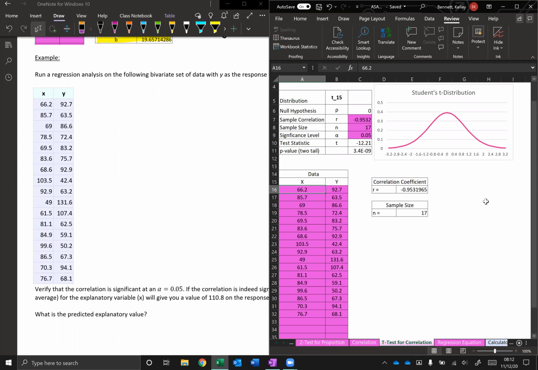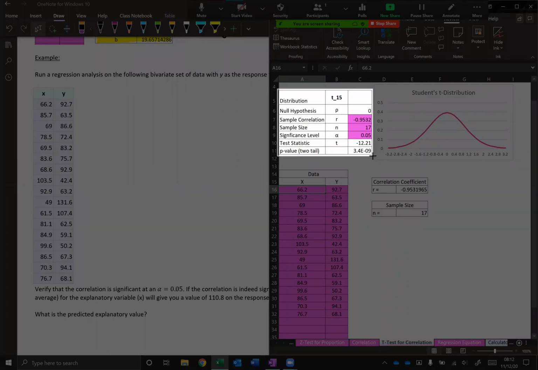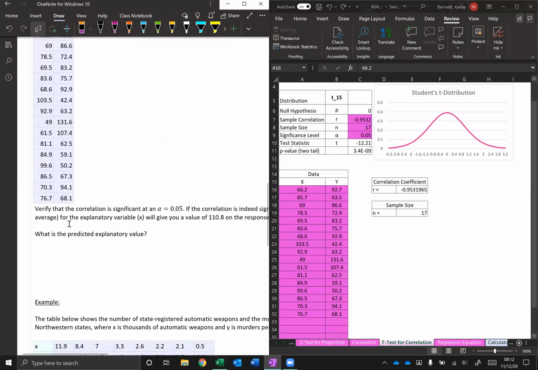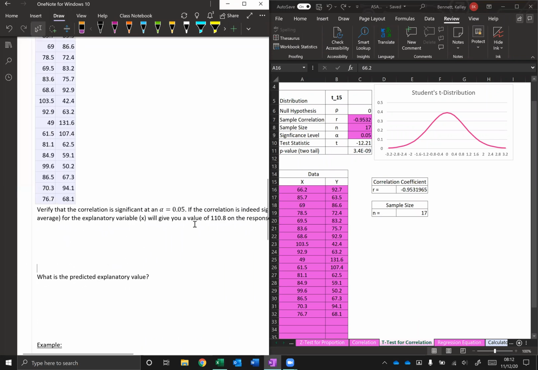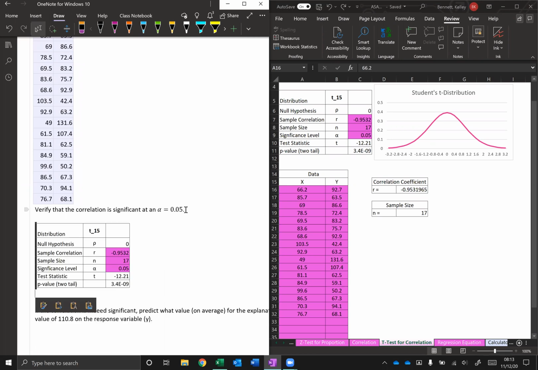And so my p-value is tiny. My p-value is essentially 0. So this is really, really small.